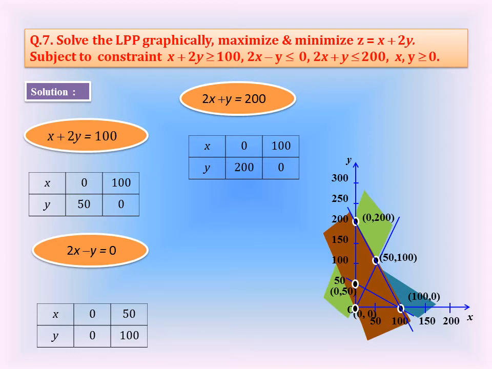Hence, we are shading towards the origin. Hence, the common region is the yellow shaded part. Therefore, here the corner points are 0 comma 200, 50 comma 100, and 0 comma 50, and there is one more point. We need to find that point by solving the equations of those 2 lines.